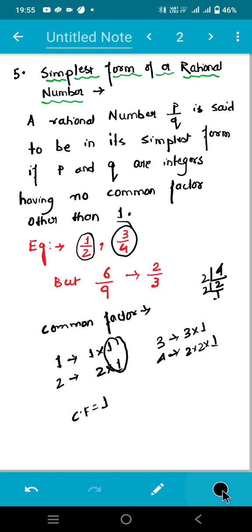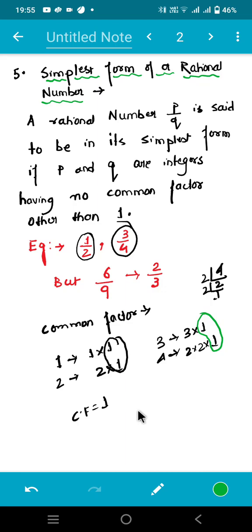No, we don't. So 1 is the only common factor here. That is the reason the common factor of 3 and 4 is 1, and that is why we say this is the simplest form of a rational number.